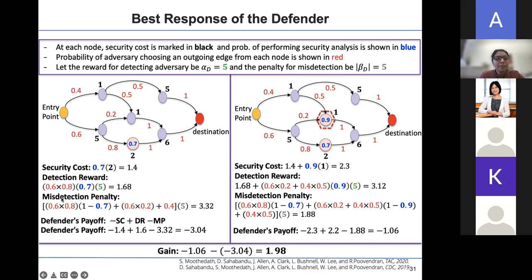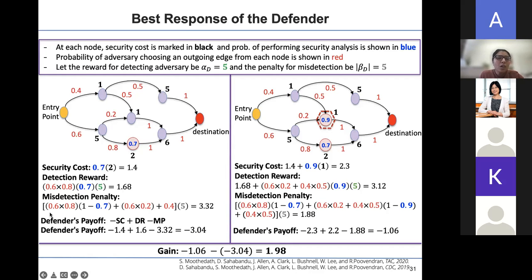On the other hand, the misdetection penalty is if I miss the attack, right? So that is 0.6 times 0.8 times 1.1 minus 0.7 corresponding to this node, I miss the attack, plus the sum over all the other paths. So this is 0.6 times 0.2, which is this path here, and then 0.4 times 0.5, this path, and 0.4 times 0.5, this path.